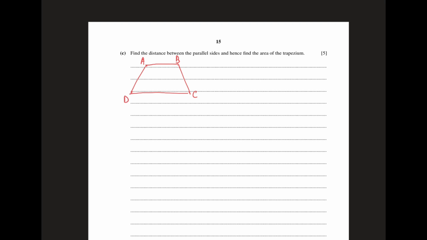We want to find the distance between the parallel sides, meaning that we have to find this distance, for example, this one, this distance.